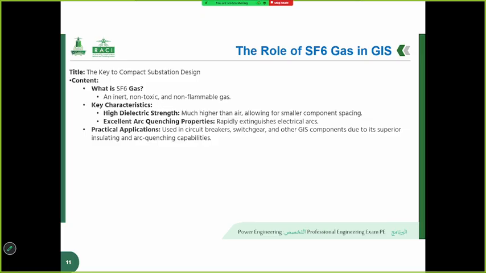SF6 gas has an exceptional ability to absorb the energy from this arc and rapidly cool it down, extinguishing it almost instantly. This rapid arc quenching minimizes wear on the breaker contacts, increases the operational lifespan of the equipment, and enhances system reliability.